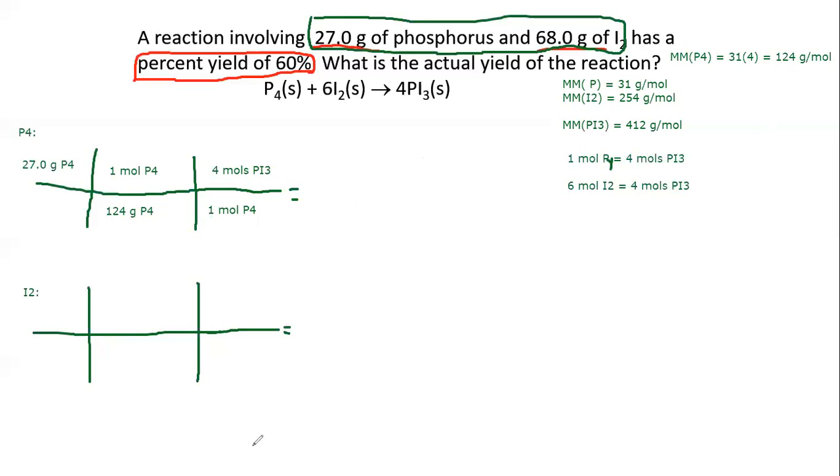We do the same thing for iodine. 68 grams of I2. Divide by the molar mass. And then convert to moles of PI3. So 6 moles of I2 on the bottom because we're starting with I2 on the left, on top. And then we put 4 moles of PI3.